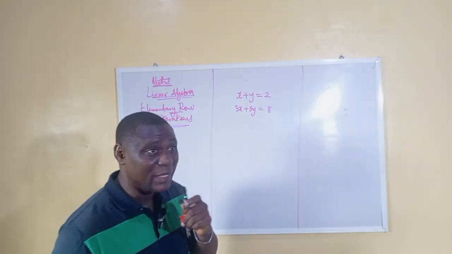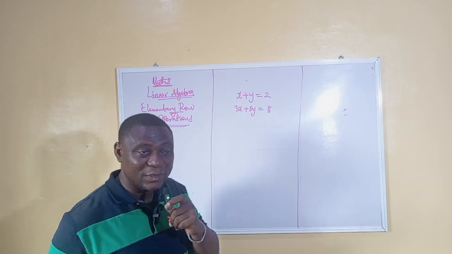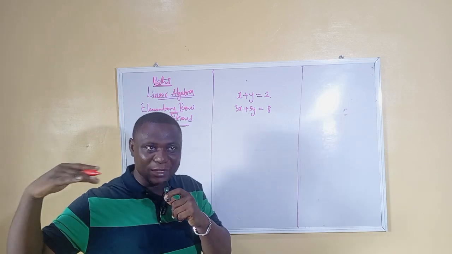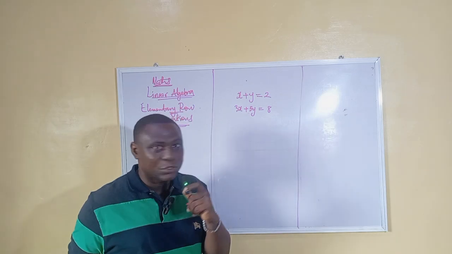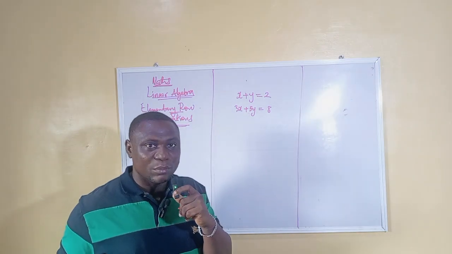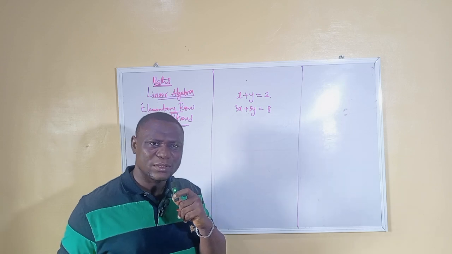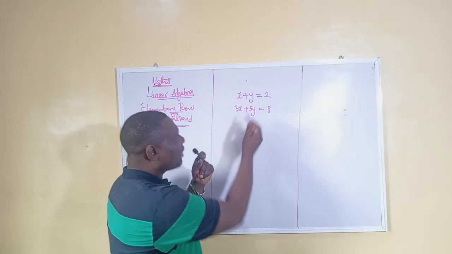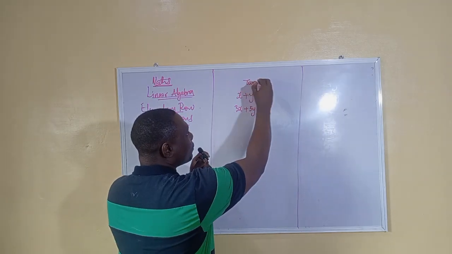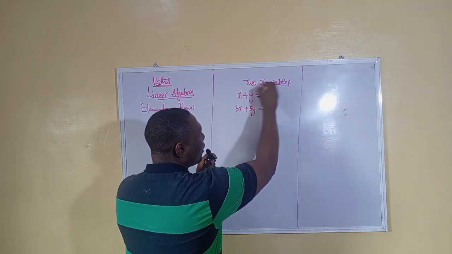You can use the elimination method, you can use the substitution method, and when you get to the higher classes, you can even use the matrix method or even determinants if you are a further math student. But this one only has two variables.